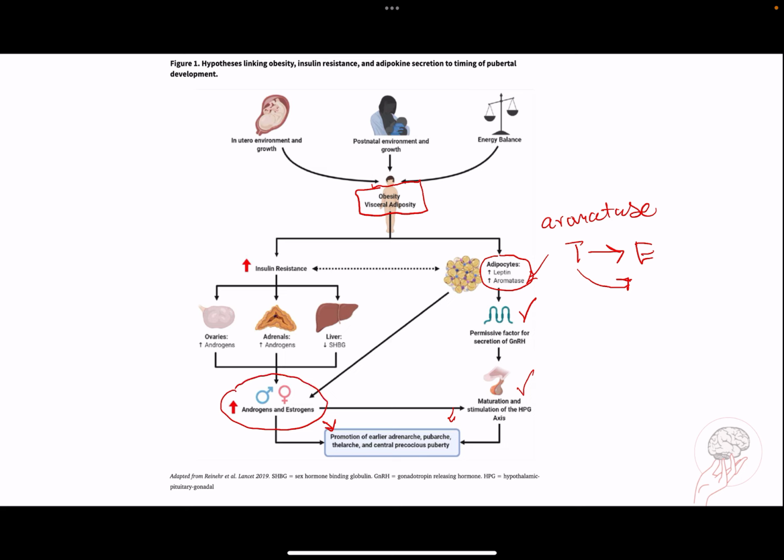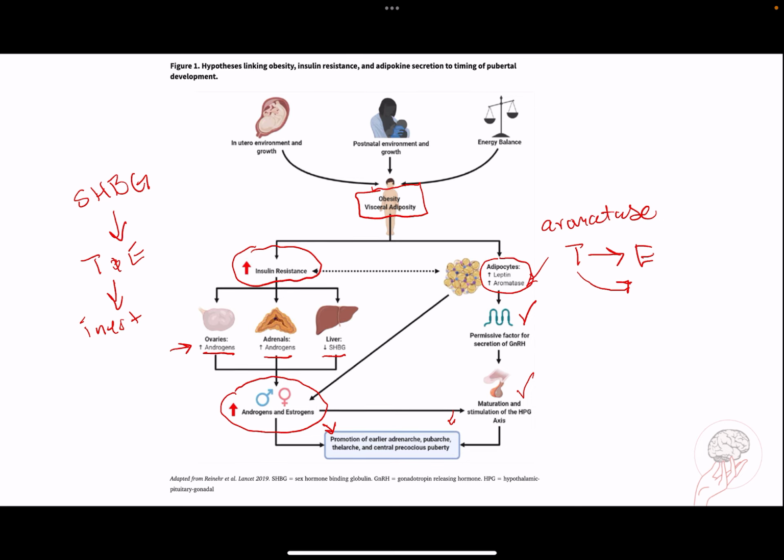And we also see that the increased insulin release with the increased visceral adiposity also increases androgens from the ovaries and the adrenals, and it decreases sex hormone binding globulin from the liver. Sex hormone binding globulin, or SHBG, binds to testosterone and estrogen, and it makes them inert.